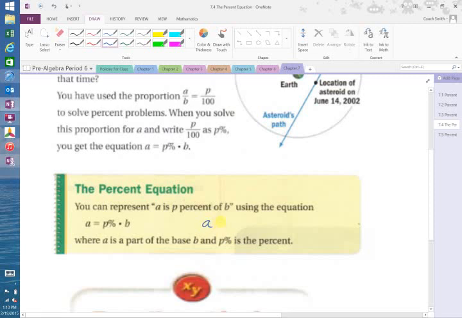A, and then there's going to be an is, then there's going to be a P and of and the letter B. That's what this represents. The is the equal sign. The of means to multiply.